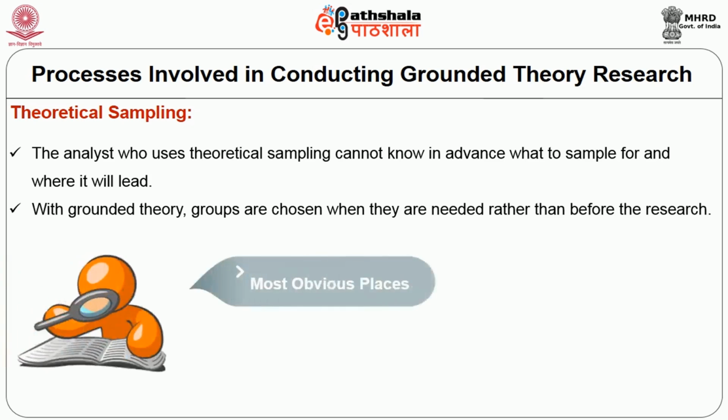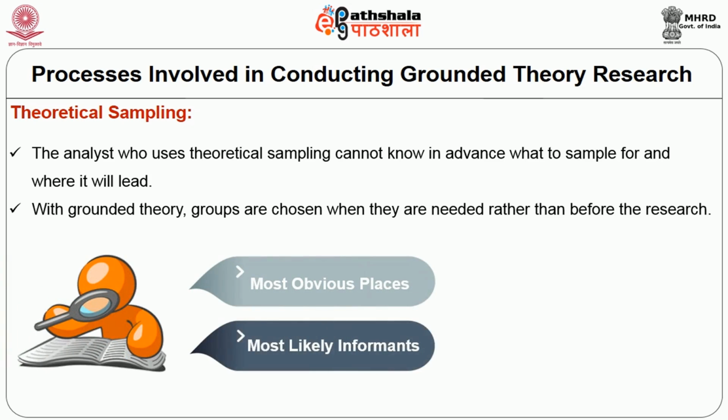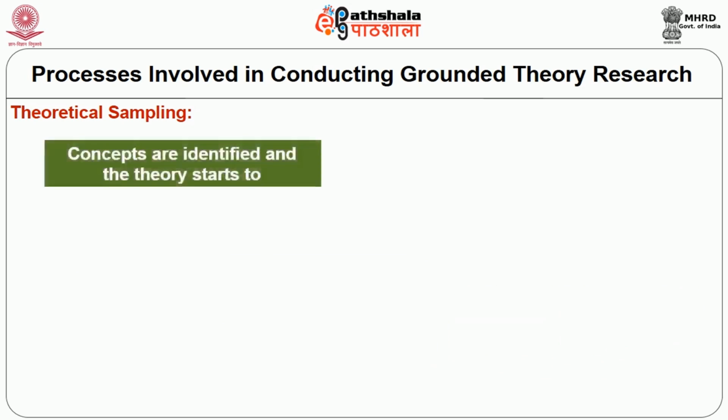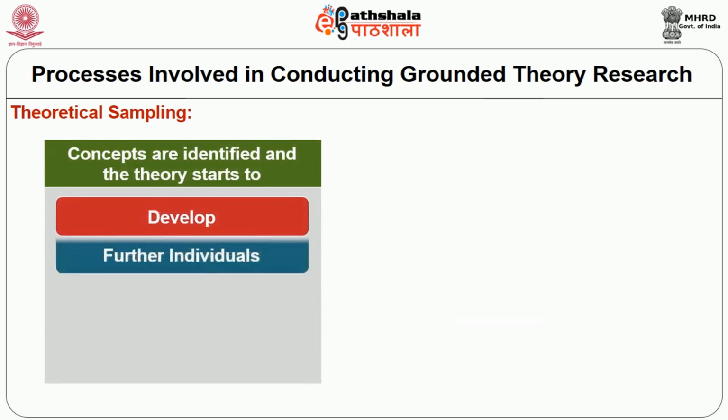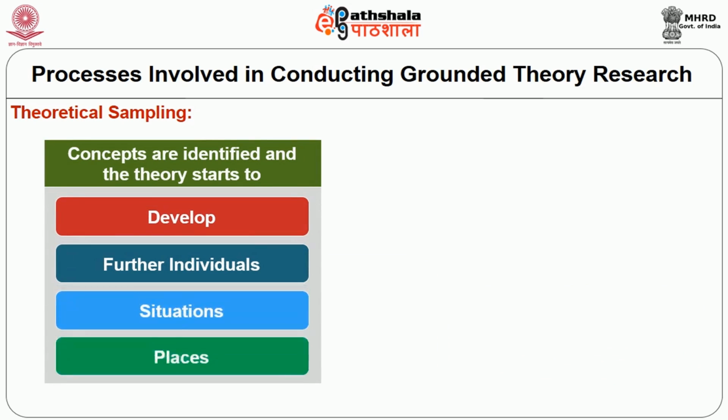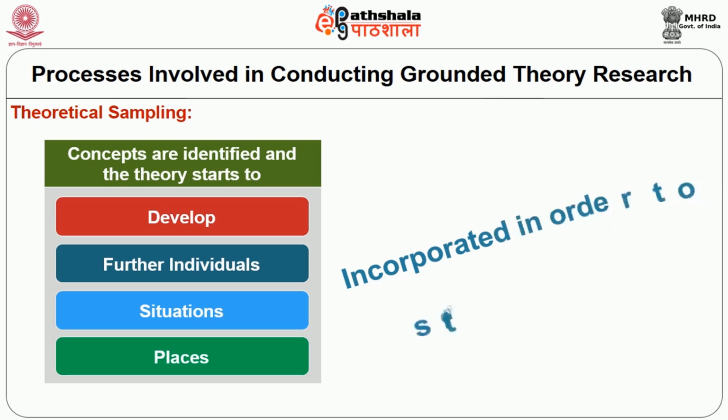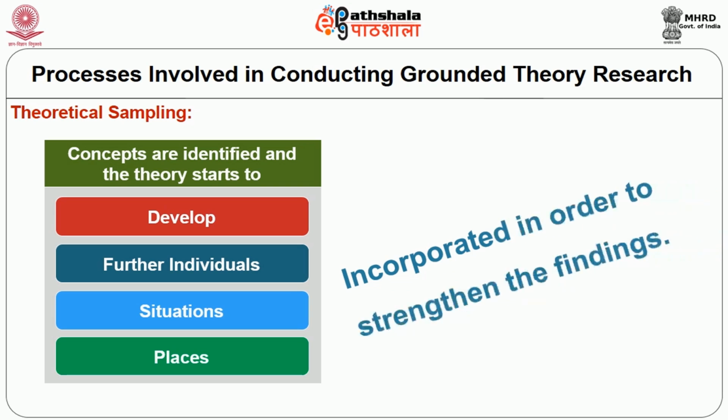Initially, the researcher will go to the most obvious places and the most likely informants in search of information. However, as concepts are identified and the theory starts to develop, further individual situations and places may need to be incorporated in order to strengthen the findings.